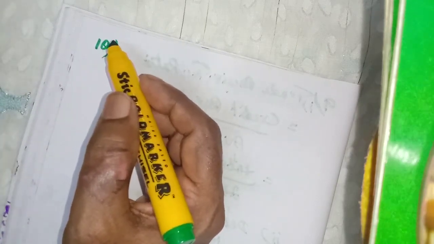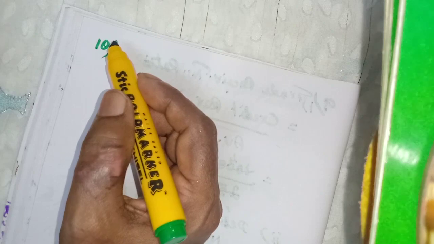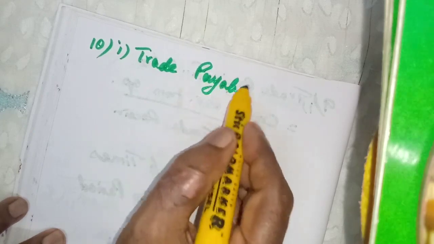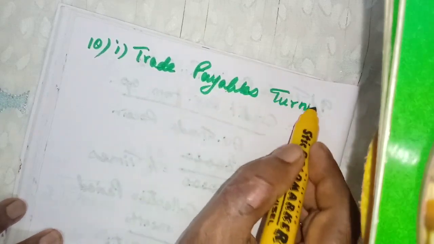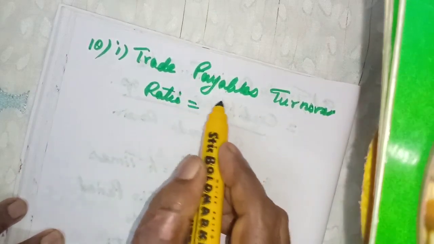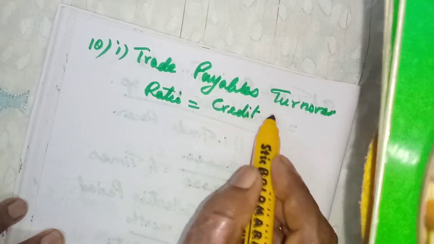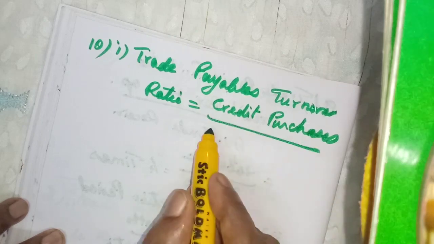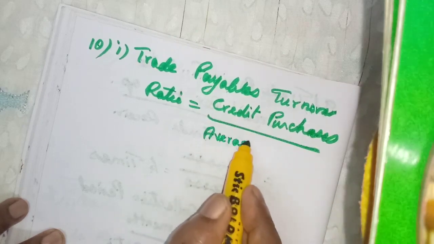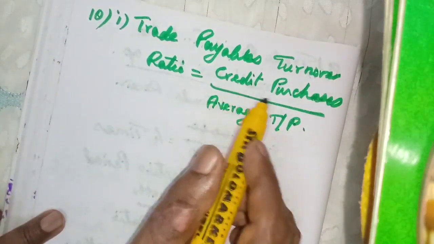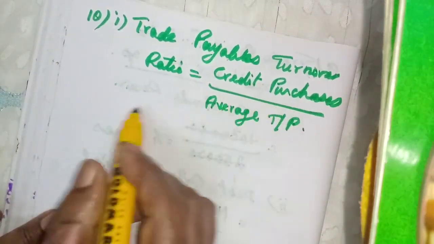They have asked us to calculate the trade payables turnover ratio. First one, trade payables turnover ratio is equal to credit purchases divided by average trade payables. Credit purchases is given clearly, so no need to calculate.